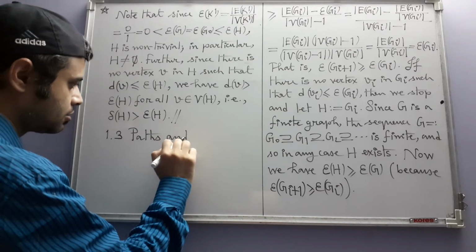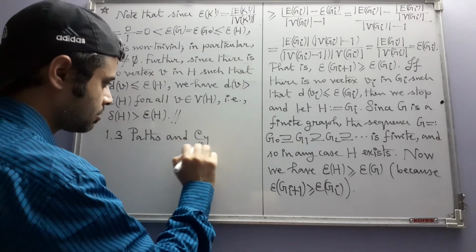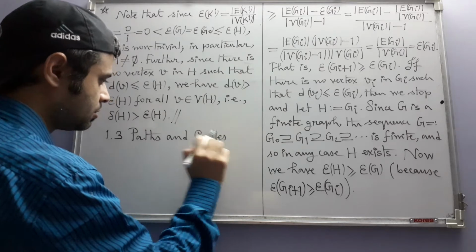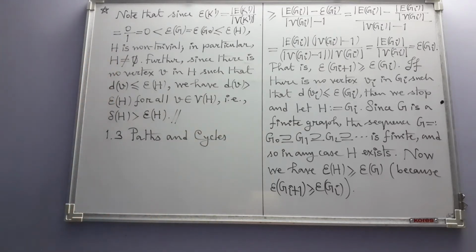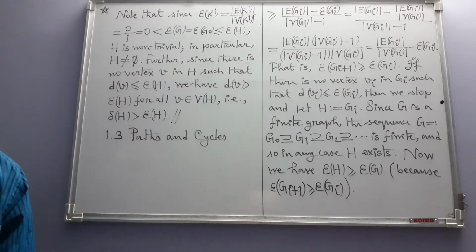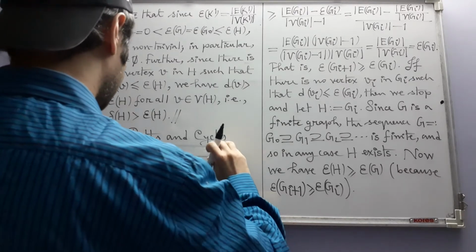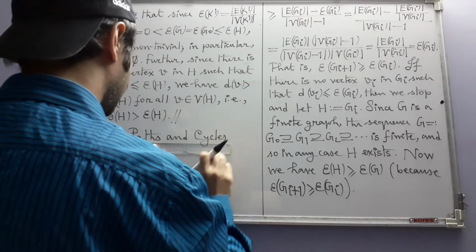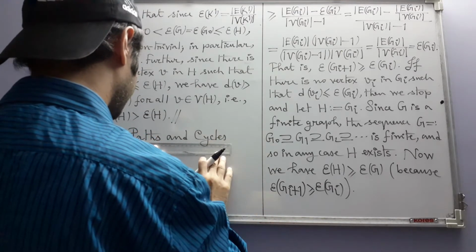Paths and cycles. Special types of graphs, paths and cycles, they are called, and they will help us study the structure of a graph in detail.